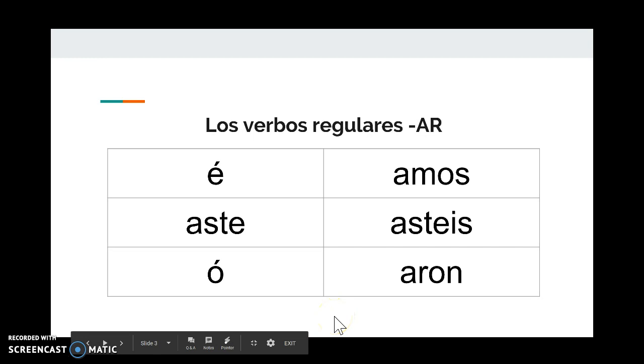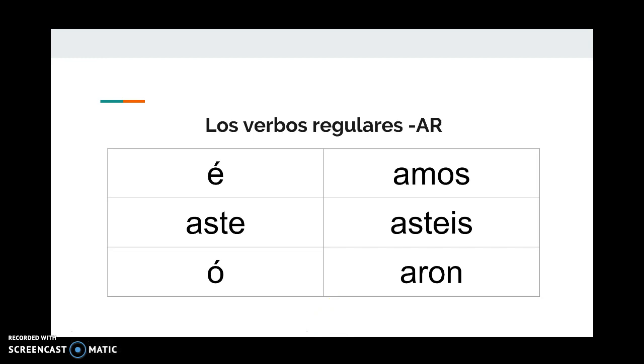Para los verbos regulares AR, the endings you need to know are aste, o, amos, astes, and aron. You need to make sure that you have the accent marks above the appropriate letters, because if the accent marks are not there, the verb can mean something quite different.